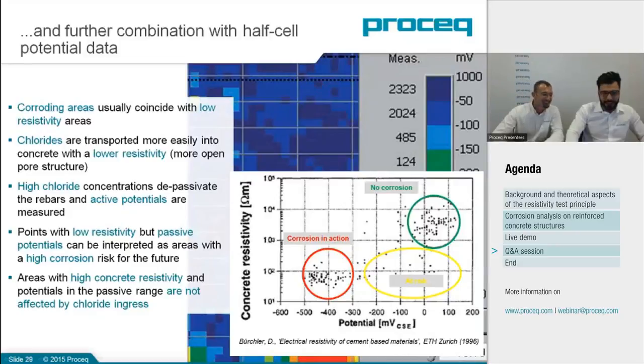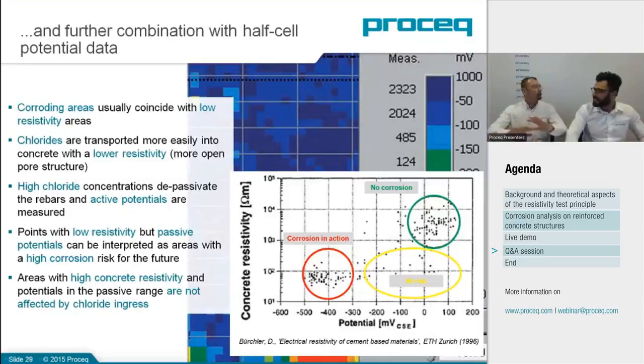Right. Okay. Now, how can corrosion rate or corrosion likelihood be predicted based upon half cell potential data? Well, there will surely be a dedicated webinar for it, but let's say that we're not speaking about corrosion rate with half cell potential.